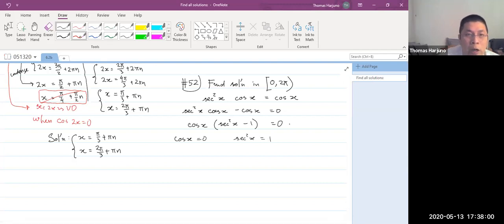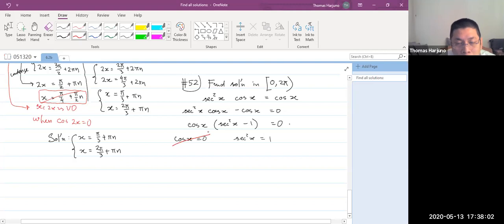At this point, I can cancel the cosine x equals 0 branch out, because if cosine x equals 0, then secant x is undefined.